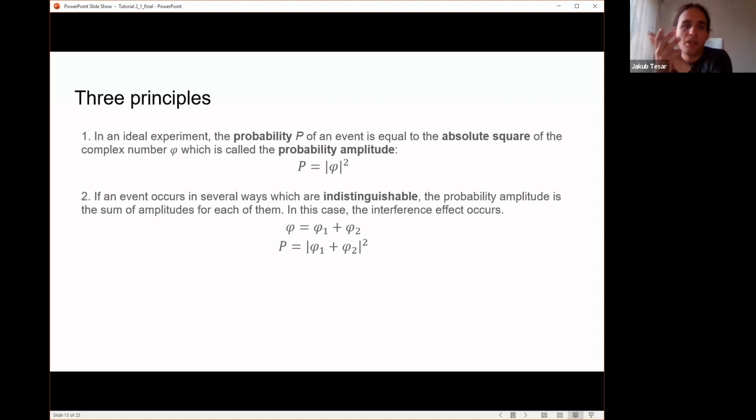The second principle: if an event occurs in several ways which are indistinguishable, the probability amplitude is the sum of the amplitudes for each of them. So in our experiment, the interference effect occurs. We are talking about two possibilities for how the electron can reach the wall.